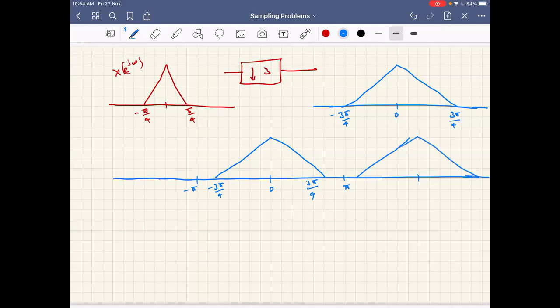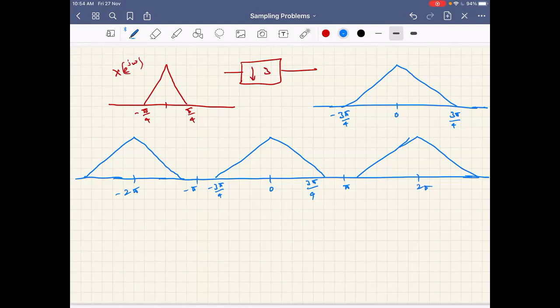So this is irrespective of the rate, because ideally what will happen is, the spectrum expands by 3 times and also shifts by 2 pi. So that 2 pi is after expansion. Okay. So it will be at minus 2 pi and 2 pi.